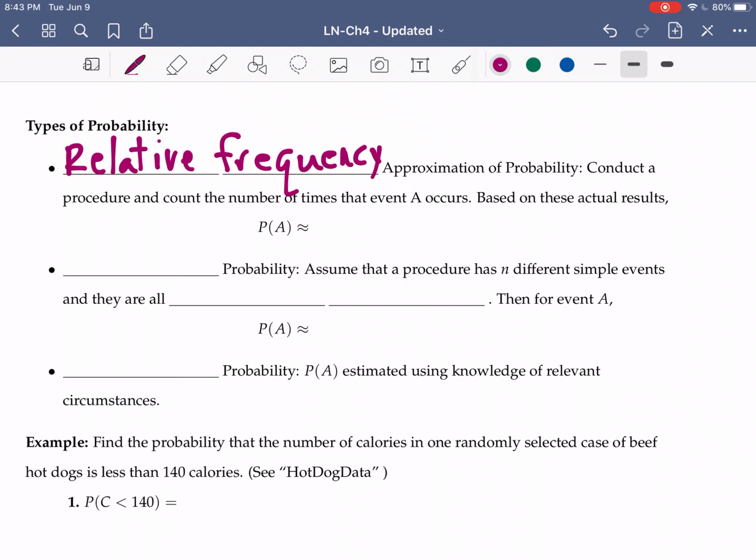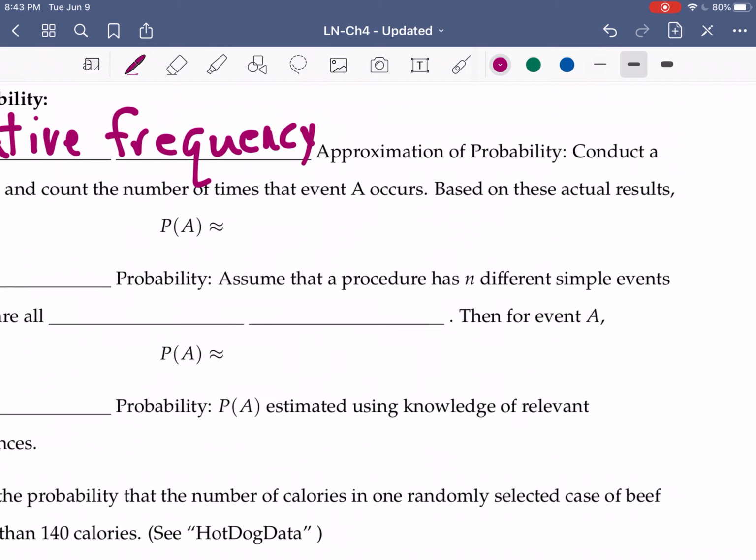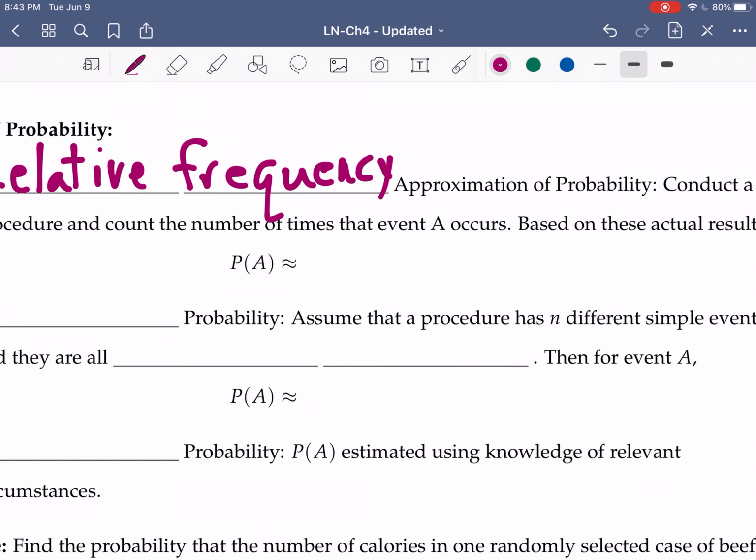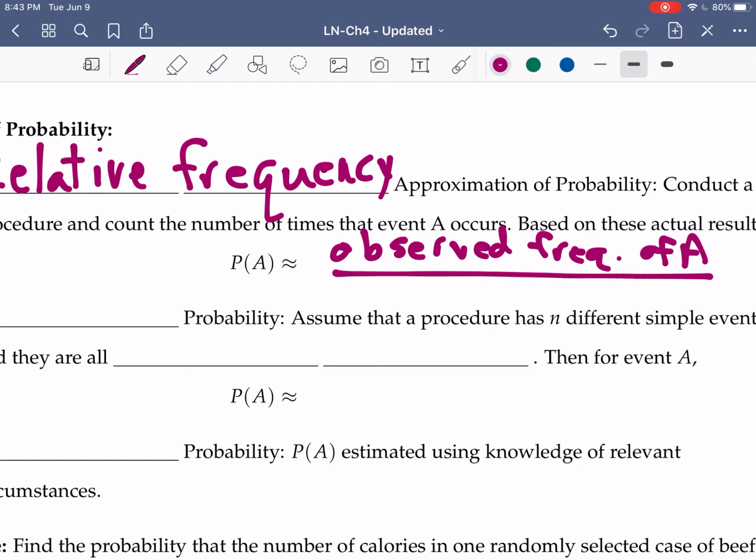Here you conduct a procedure, you count the number of times that event A occurs, and based on those actual results, you approximate the probability of A. Probability of A is the observed frequency of A divided by the total number of observations.